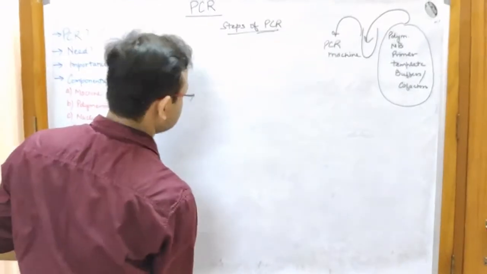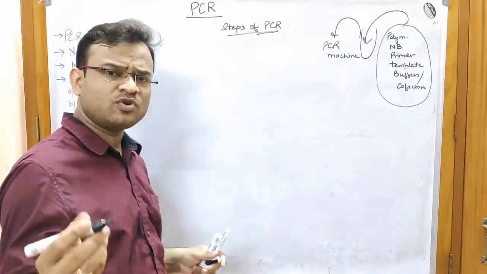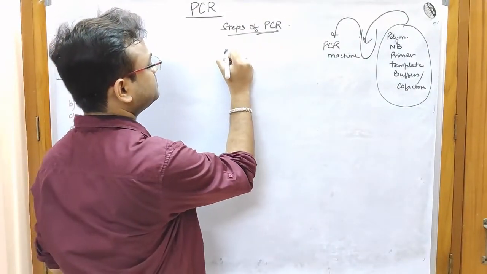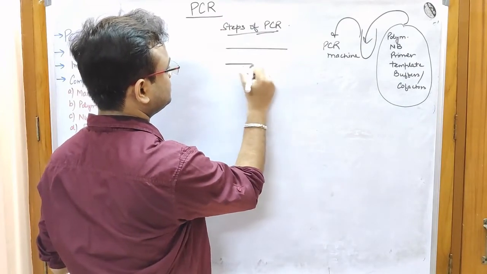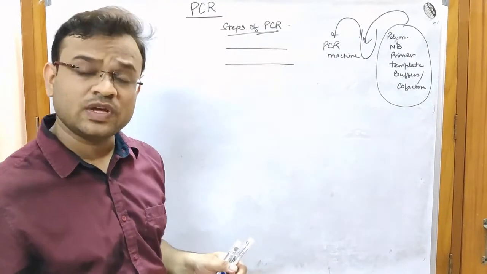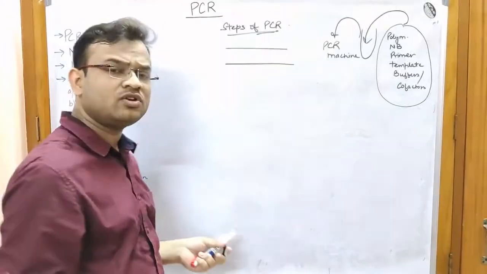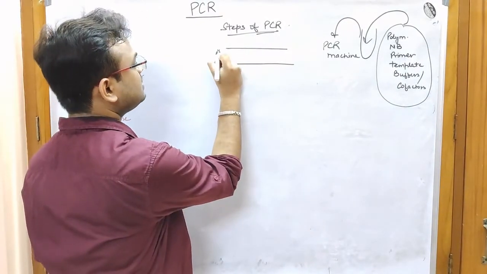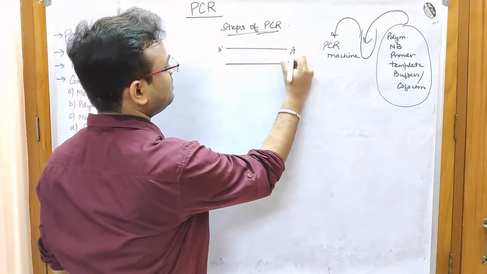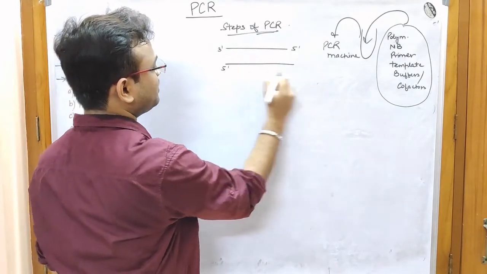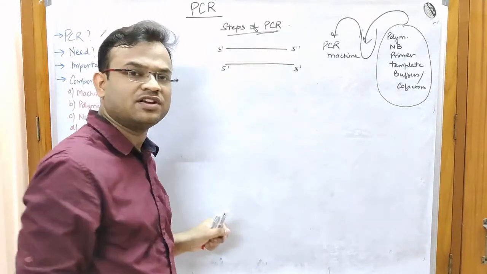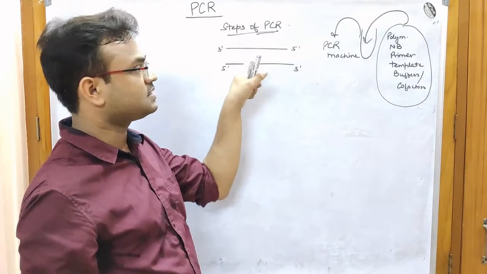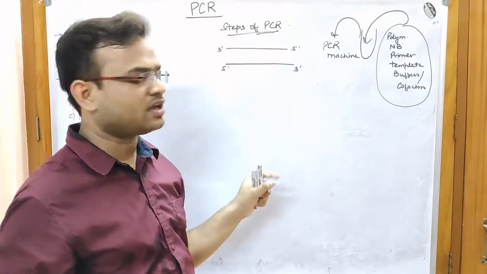Suppose this is the template that we want to amplify. We already know that the DNA strands are anti-parallel. Suppose this is in the 3' to 5' direction, and this one is the 5' to 3' direction. Okay. So this is the template strand that we are working upon.